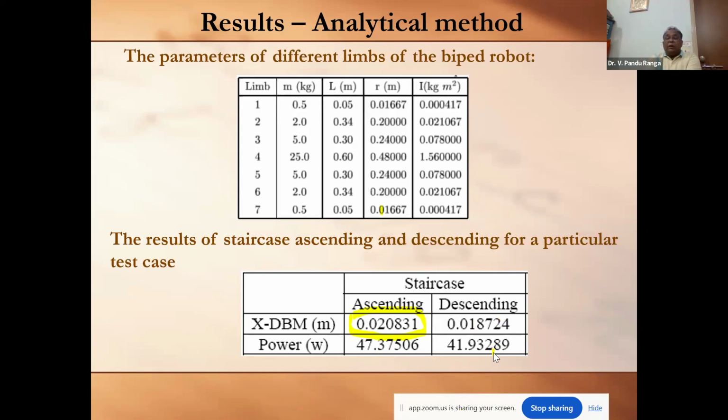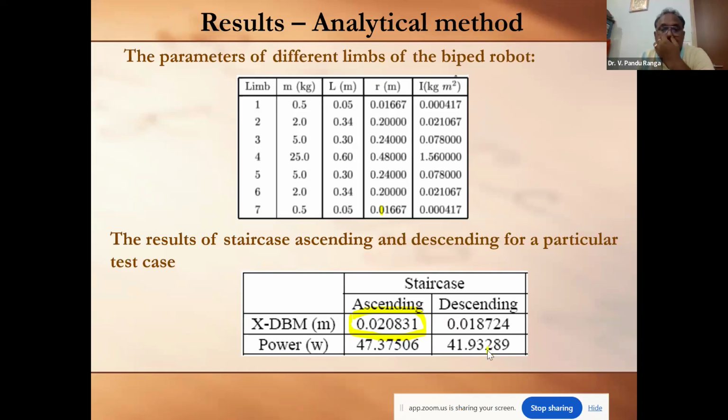If you observe the ascending and descending motion of this biped robot on the stairs, the balance of the robot while ascending the staircase is seen to be a little higher than descending. The robot is also found to consume more power while ascending than descending.